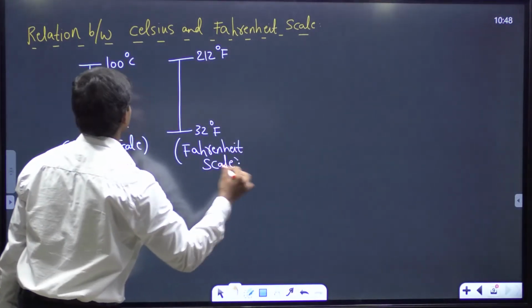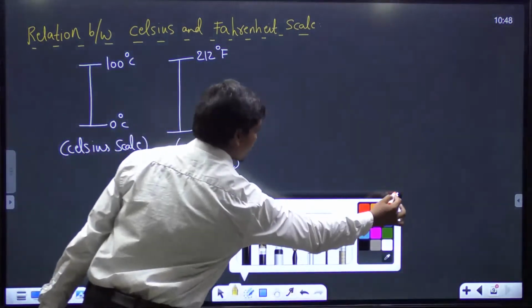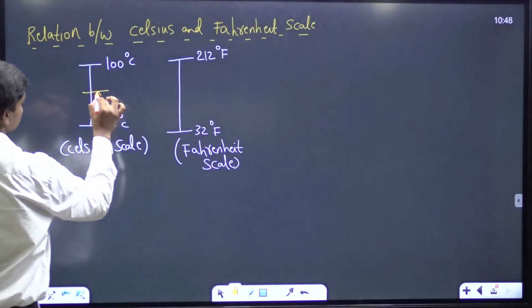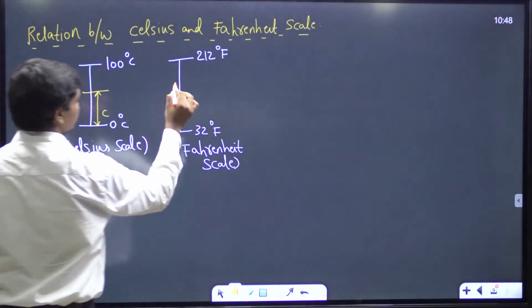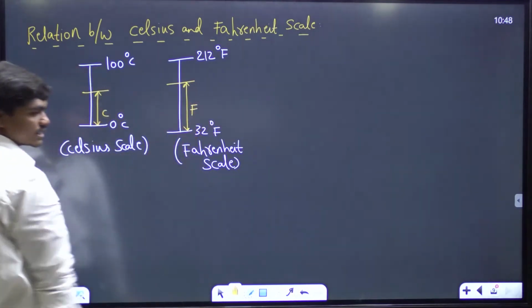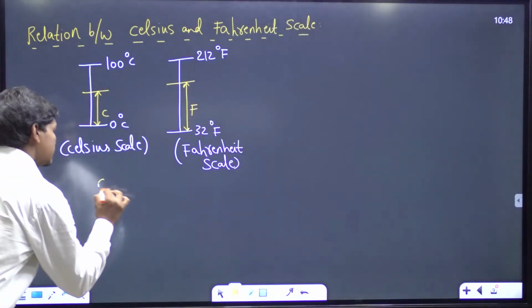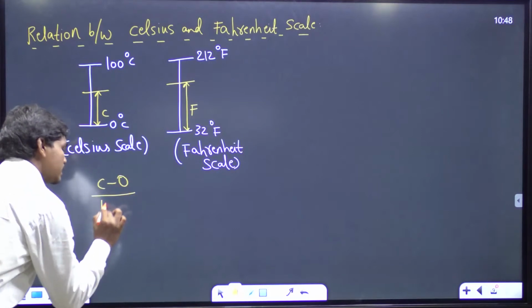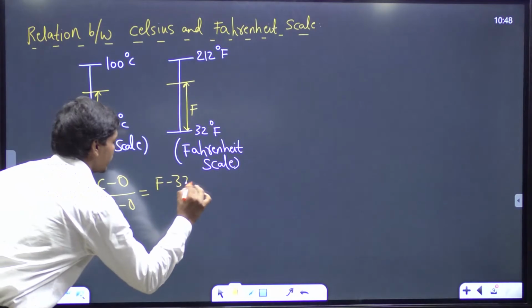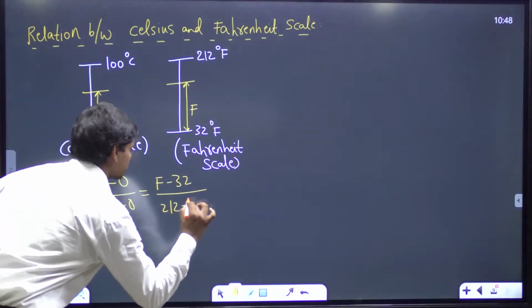So if this shows a reading of C here, and if this shows a reading of F here, then the relation between C and F is given by C minus 0 by 100 minus 0 is equal to F minus 32 divided by 212 minus 32.